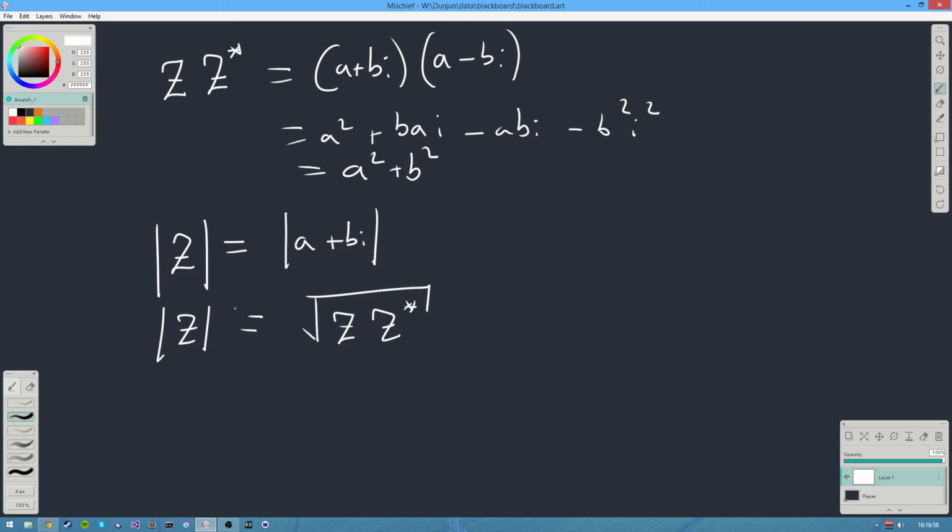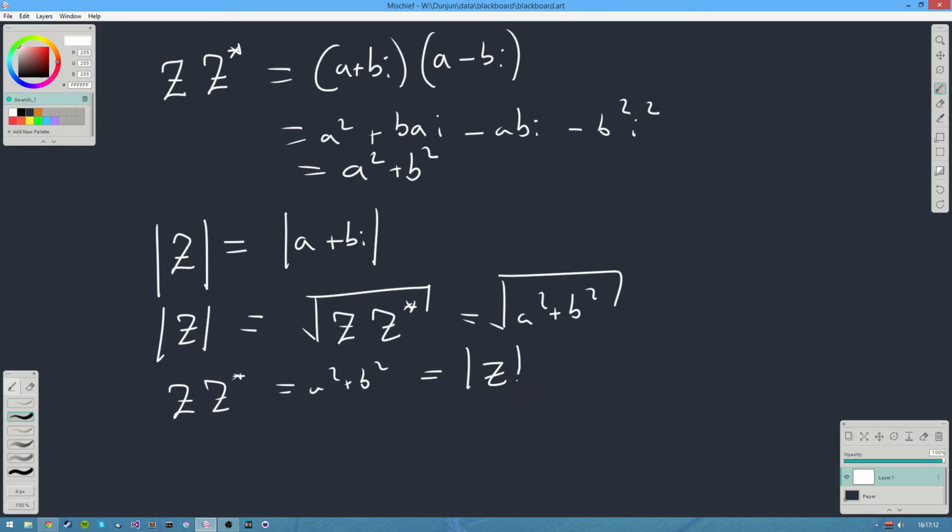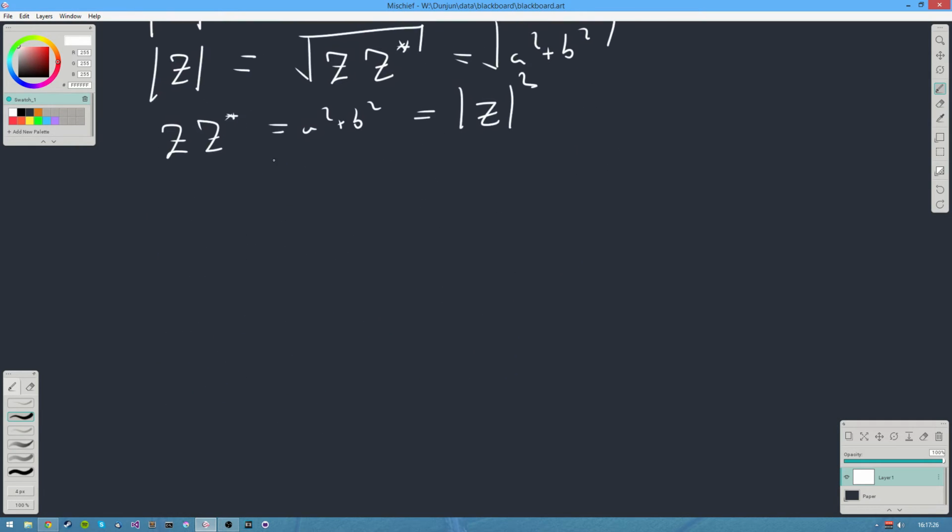Another way of writing that would be z times z star equals a squared plus b squared, which is again the magnitude squared. Some people call this the norm. I got taught this was the magnitude. It doesn't really matter. Both conventions are used. The magnitude makes a bit more sense than calling it the norm, in my opinion.